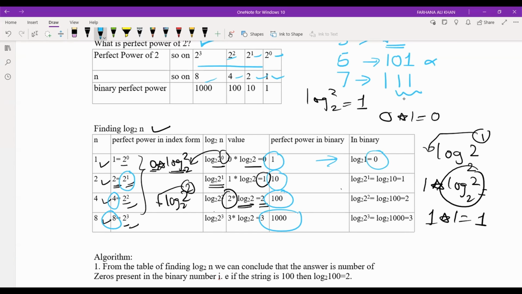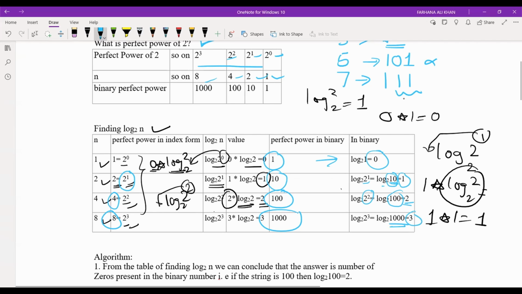The log of 2 to the power 1, in binary format, will be 1. Log of 2 to the power 2, in binary format 4 we are writing as 100, your answer will be 2. Log of 2 raised to 3 will be 8. It contains 3 zeros, so the answer will be 3.